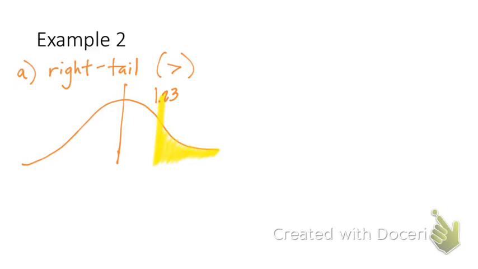You told me before that finding area is normal CDF. My lower bound would be 1.23. My upper bound would be infinity. And since it's a z-score, I use 0 and 1 as my mean and standard deviation.